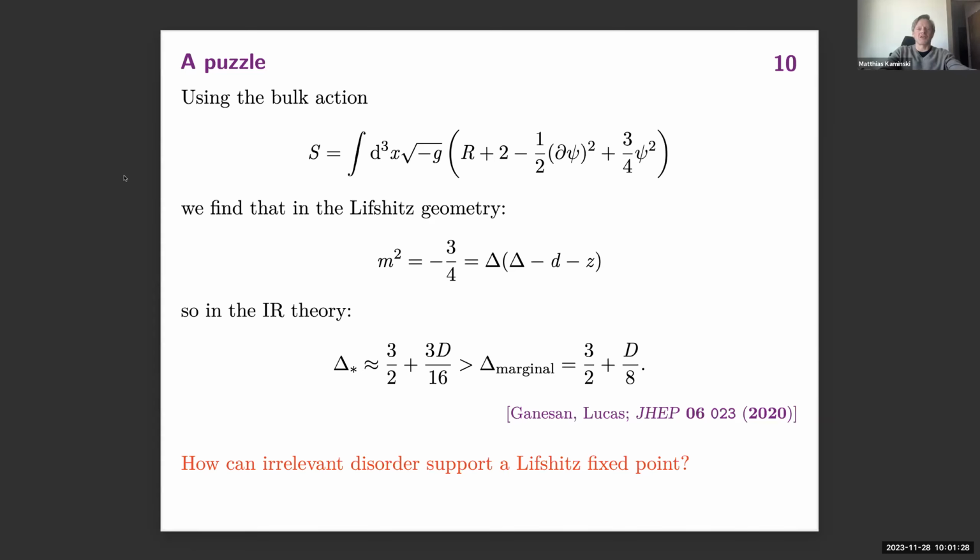A certain scalar field that has a certain mass and is stable near the boundary becomes unstable as you go closer to the horizon because the effective mass changes, or really what changes is the dimensionality of your anti-de Sitter space-time, and therefore the Breitenlohner-Freedman bound changes along the radial direction.